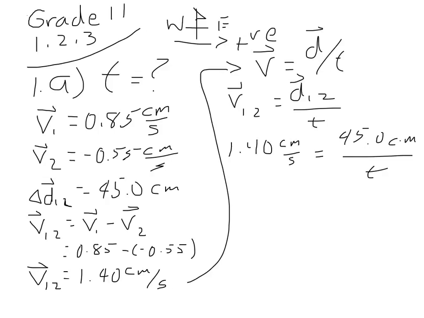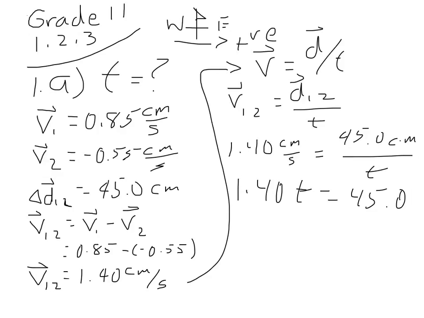We multiply by whatever that is. In this case, we multiply both sides by t, which cancels the t on the right, but it will show up on the left: 1.40 times t equals 45. We'll just drop the units to run out of space. Our last algebraic step is to get that 1.40 away from the t.